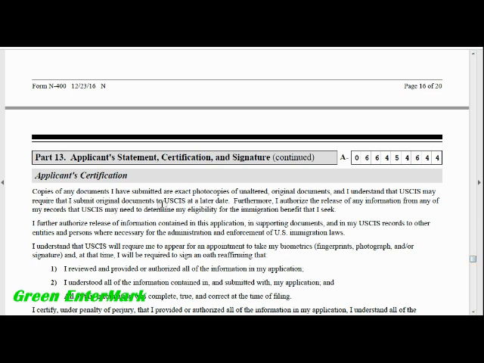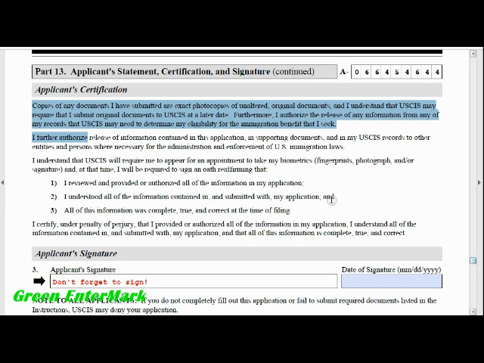I have submitted exact photocopies of unaltered original documents, and I understand the US may require. In this paragraph you give the information that you know all the questions and answers and information are true, and you are a bona fide applicant.